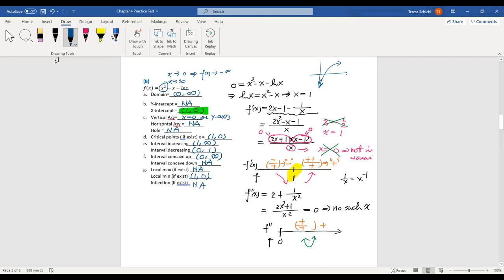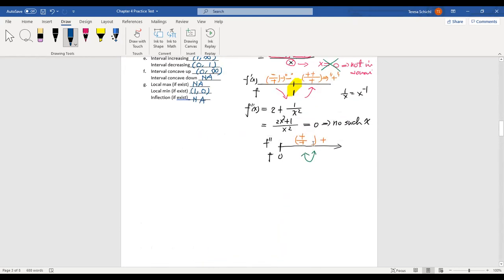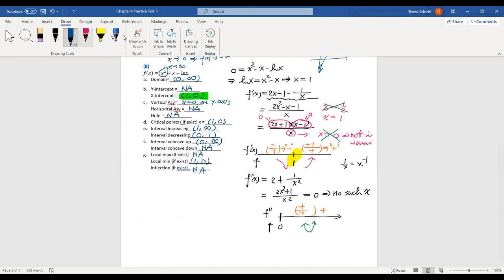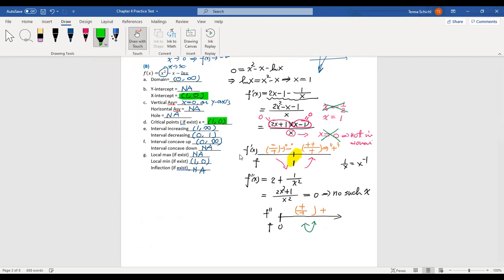Now let's go to the information here and highlight the things we can graph. The critical point is 1, 0. I do have the vertical asymptote here. So let's try to graph it.